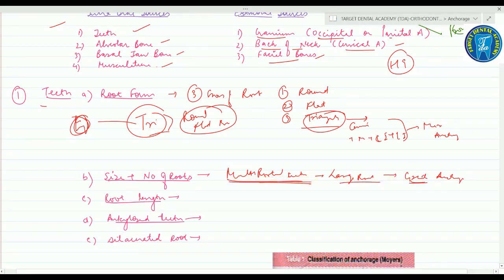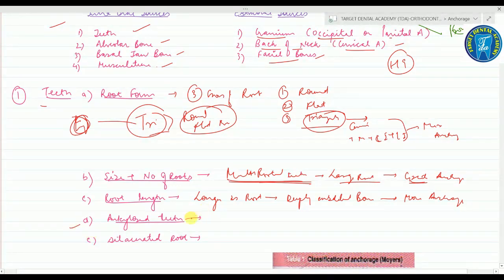Next is the root length. The longer the root, the more deeply embedded it is in the bone, and it provides more anchorage. Fourth are the ankylosed teeth.